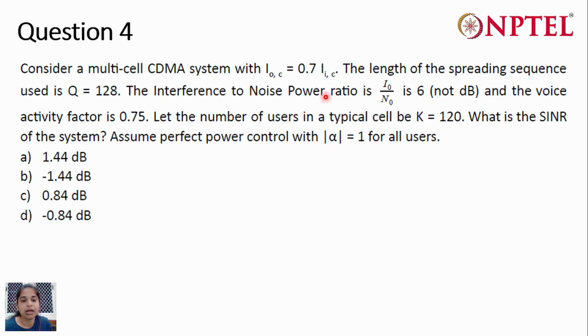So here, the perfect power control assumption is that mod of alpha is equal to 1 for all users. How do you find the SINR of the system given the voice activity factor and the interference? Intracell interference and the neighboring cell interference also.